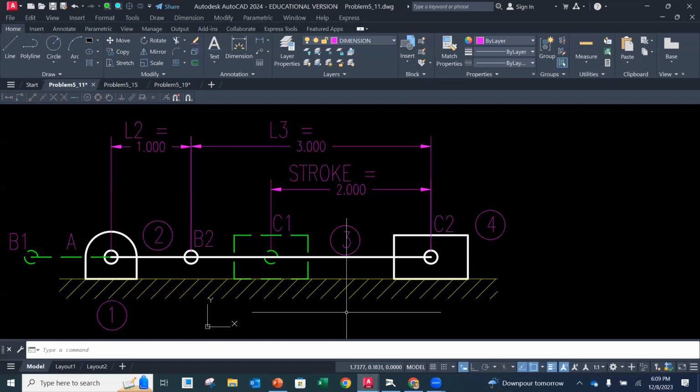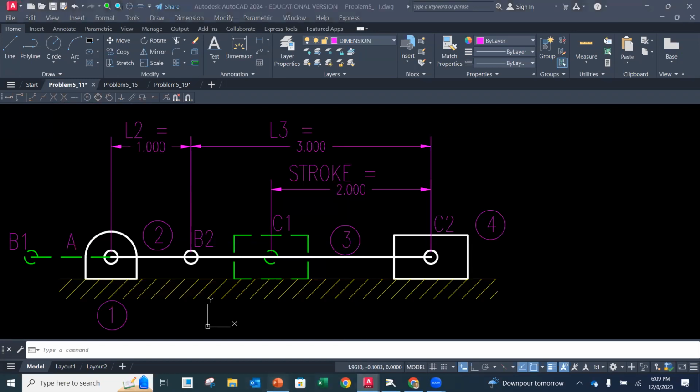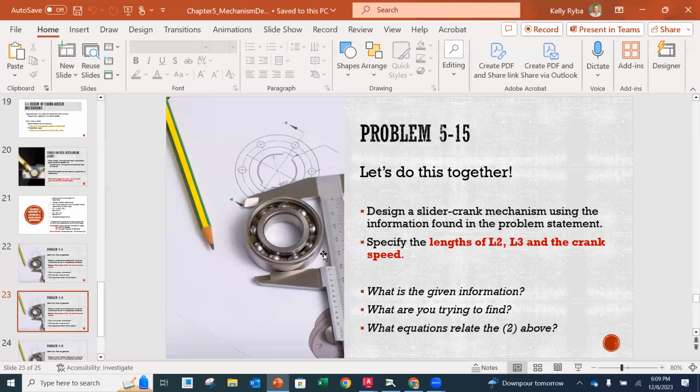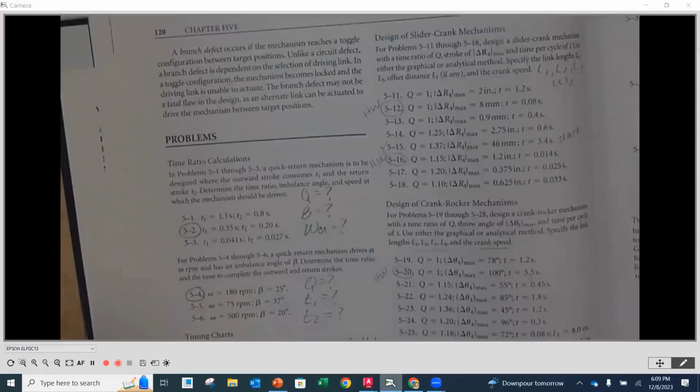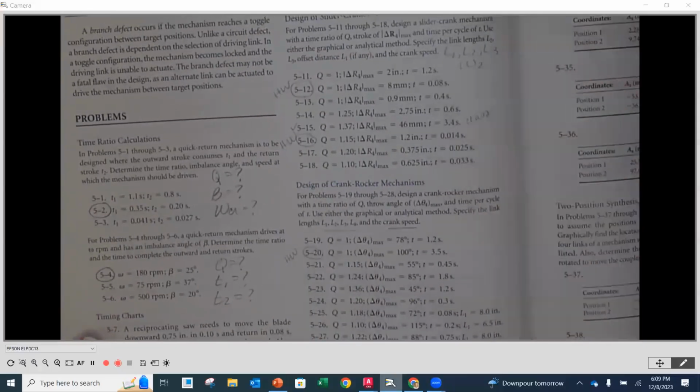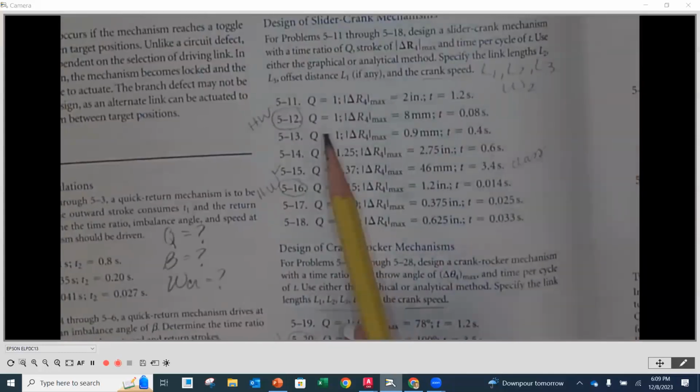All right, so then let's look at our next example, which is going to be problem 515. Problem 515 is down here, a little bit further down.